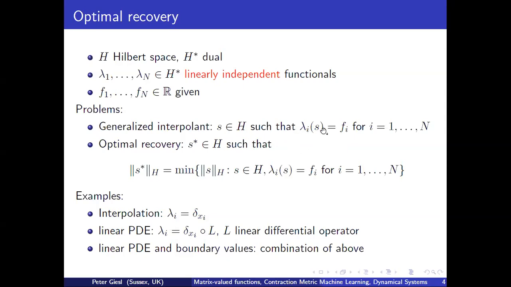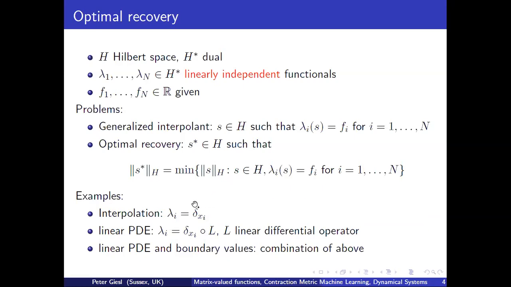This obviously is not unique, so there are lots of interpolants usually for certain data. To make it unique, we want an optimal recovery. We want the element that satisfies these interpolation conditions here, but also minimizes the norm in the Hilbert space.